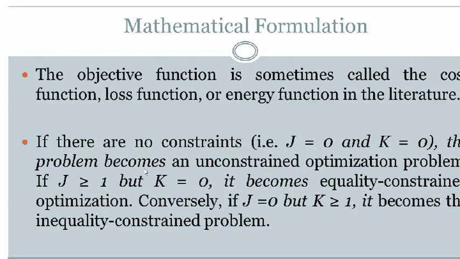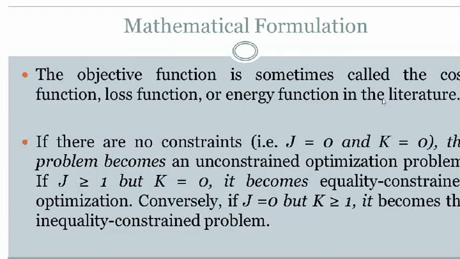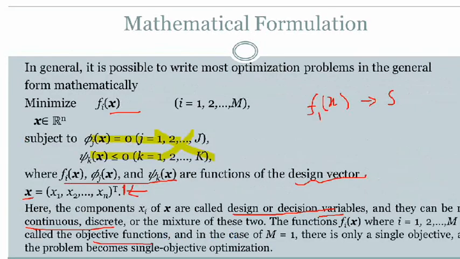Now there may be two other scenarios. If j is greater than or equal to 1 but k equals 0, it becomes an equality constraint optimization. That is, if k equals 0, then it is an equality optimization problem, that is, no less-than-or-equal-to will be here.